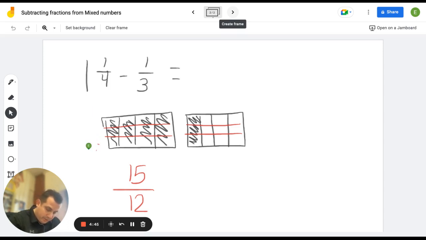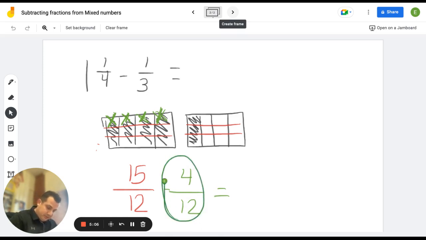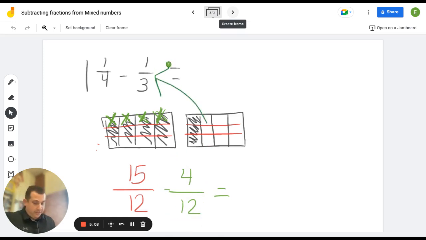So in that 1/3, I'll use green, is 1, 2, 3, 4. 4 of those twelfths I am really getting rid of. So I'm getting rid of 4/12. And I know that 4/12 is equivalent to 1/3.